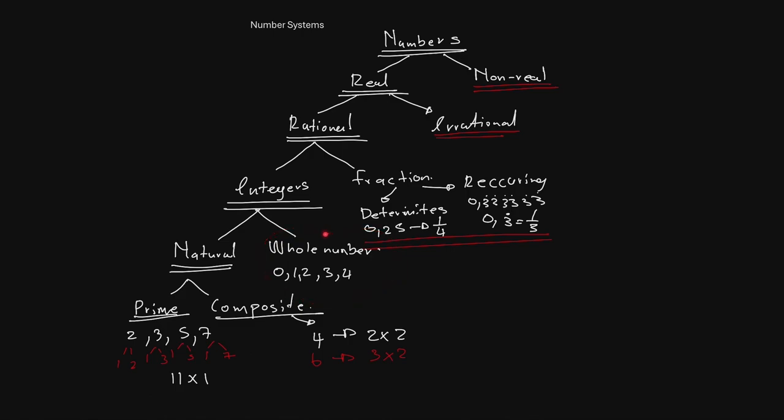Then we said that natural numbers can be broken down into prime numbers and composite numbers. Prime numbers are numbers that can only be divided by themselves and 1. Composite numbers are numbers that can be divided by other numbers, not only 1 and itself. So that is what we have learned in this video, and thank you very much.